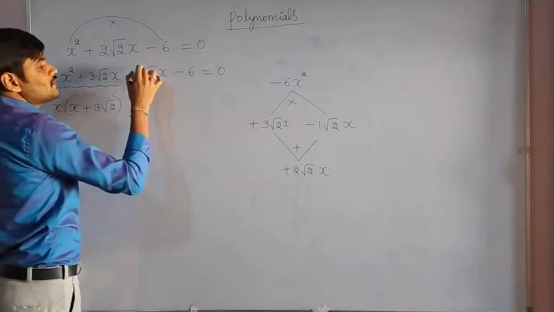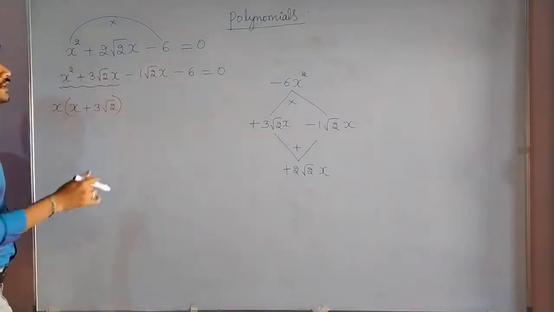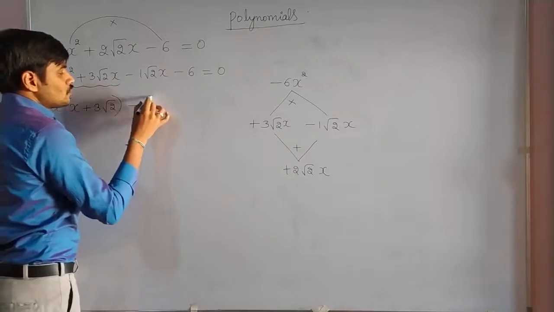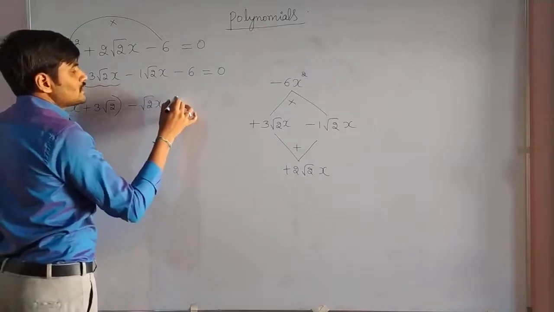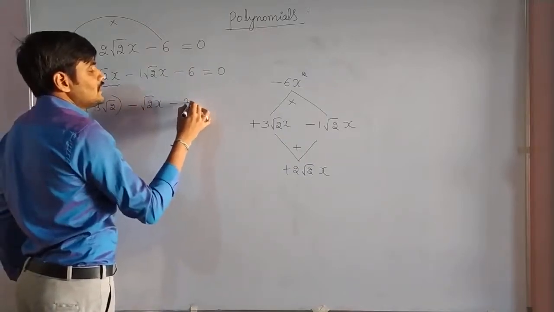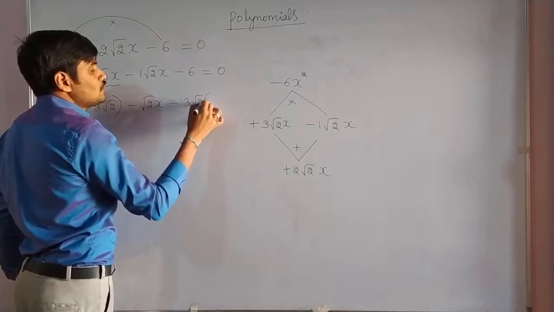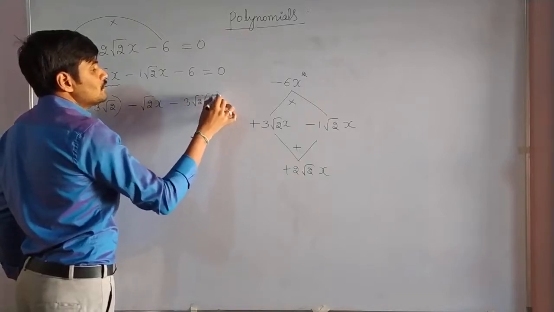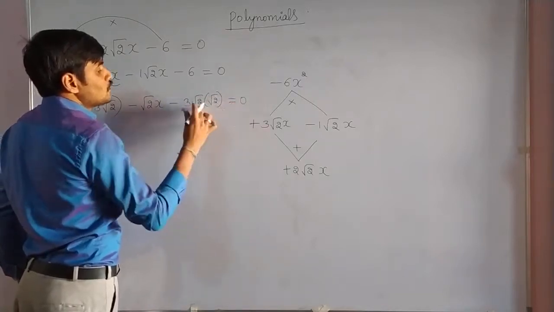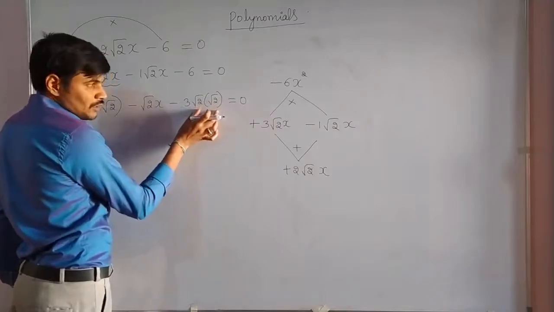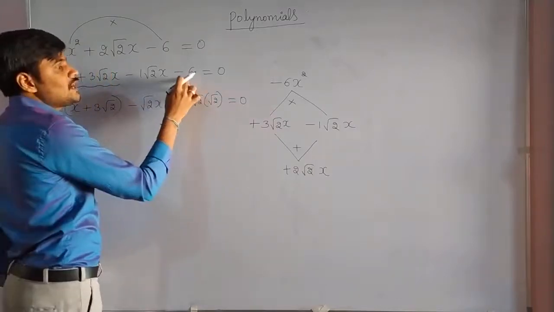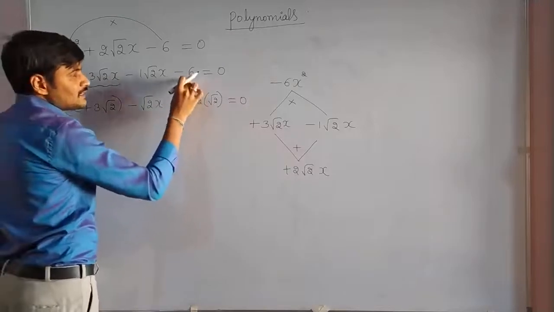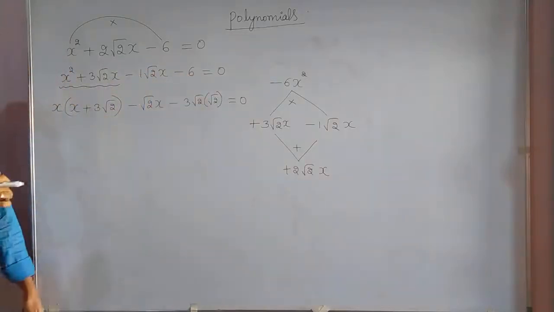For the last two terms, first make it root 2 x. The 6 I will write as 3 into root 2 into root 2, because root 2 into root 2 is root 4, that is 2, and 3 twos are 6. Just split this 6 as 3 into root 2 into root 2.